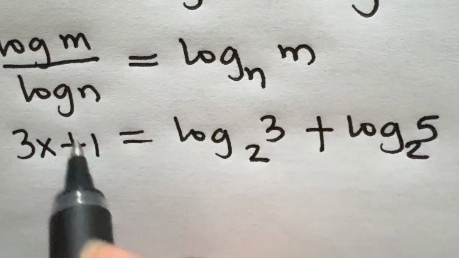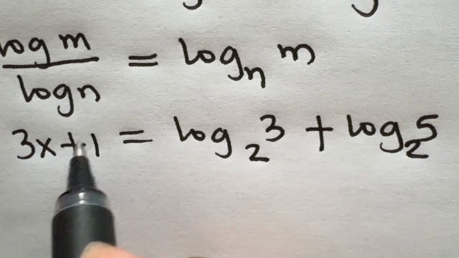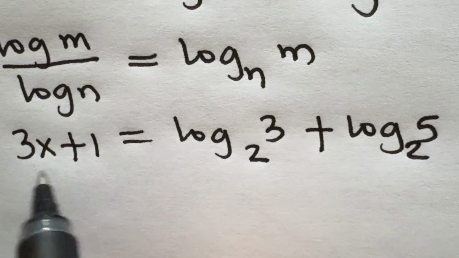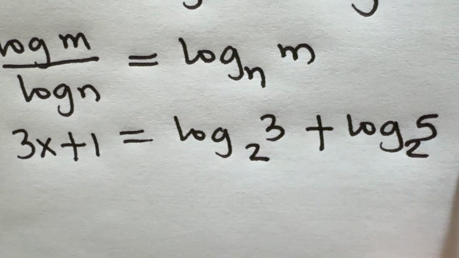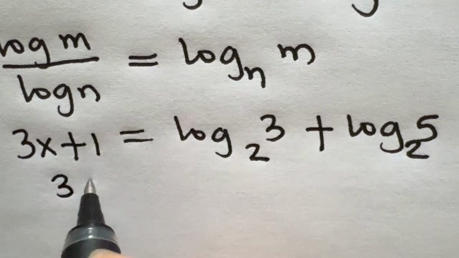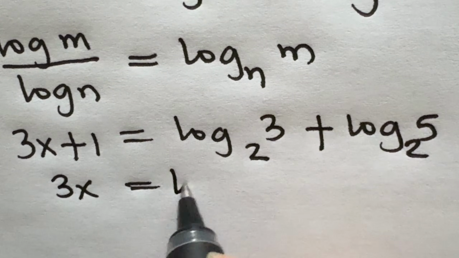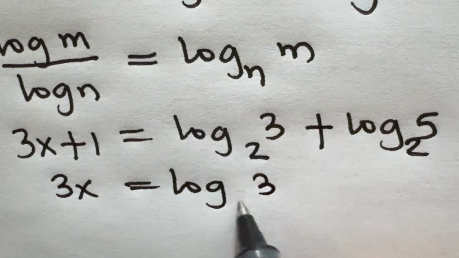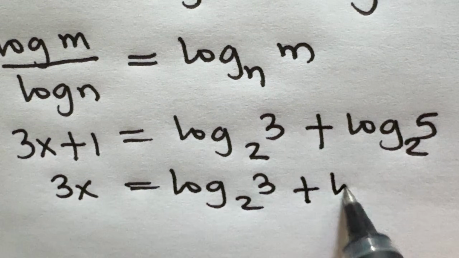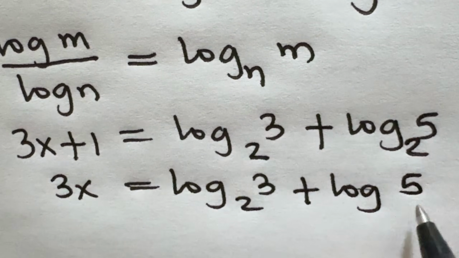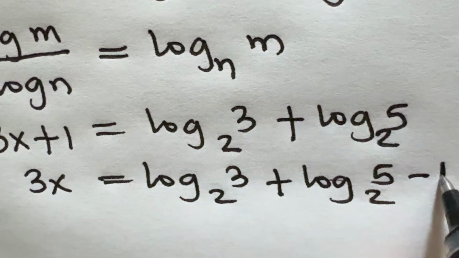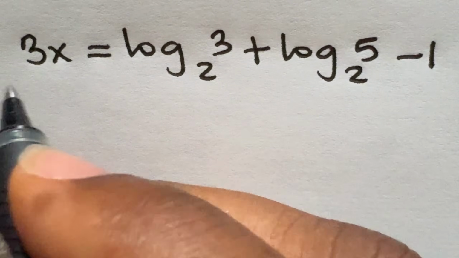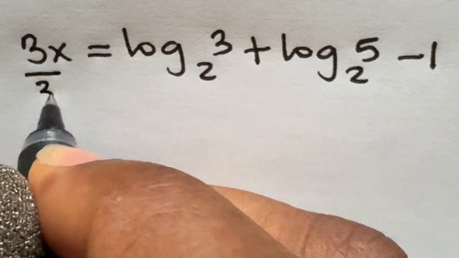I can get rid of this plus 1 on the left-hand side by simply subtracting it from the right-hand side, so that 3x here gives us log 3 base 2 plus log 5 base 2, and now minus 1. Let's divide both sides by 3.